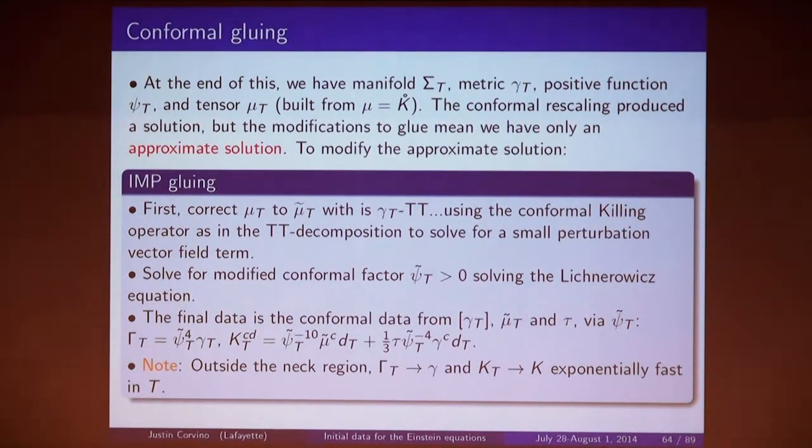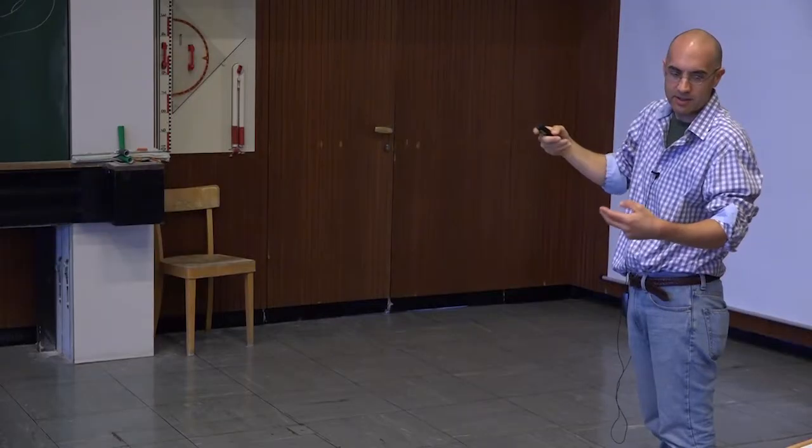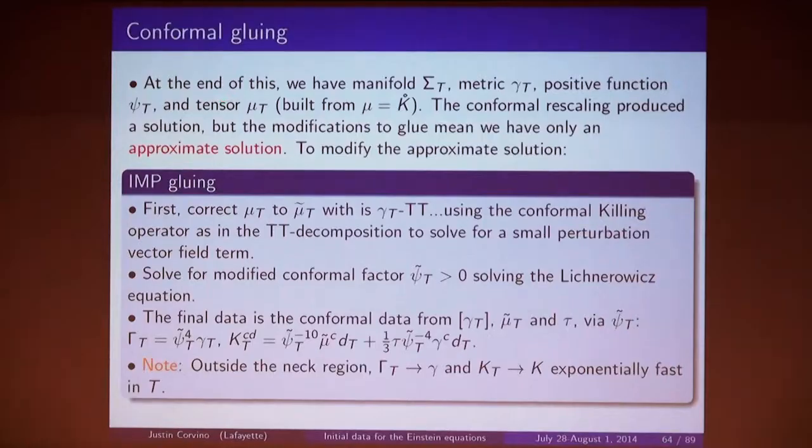All right, so I just want to mention one part of this, then I want to move on to a later one where I can show you some of the details. At the end of all this, what you have is a manifold, a metric you patch together, a positive function related to the conformal rescaling you did.